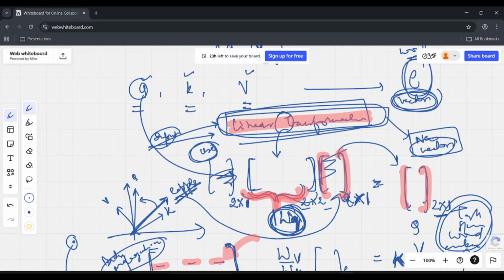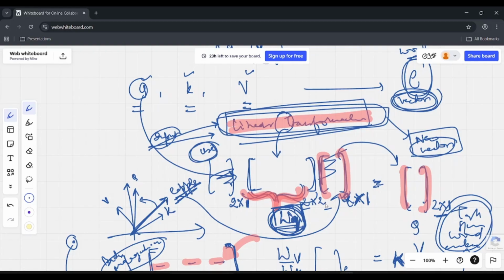Because we are extracting the same aspect. If we are doing sentiment analysis, then we want to find out the sentiment of every word. That is why these weights, these matrices, will remain the same.